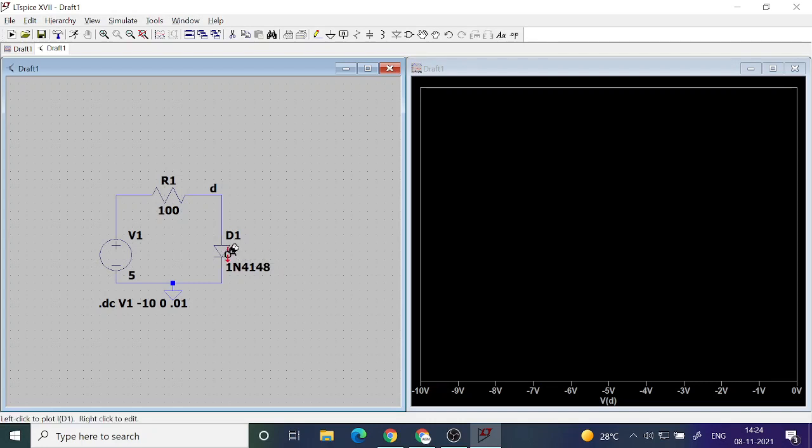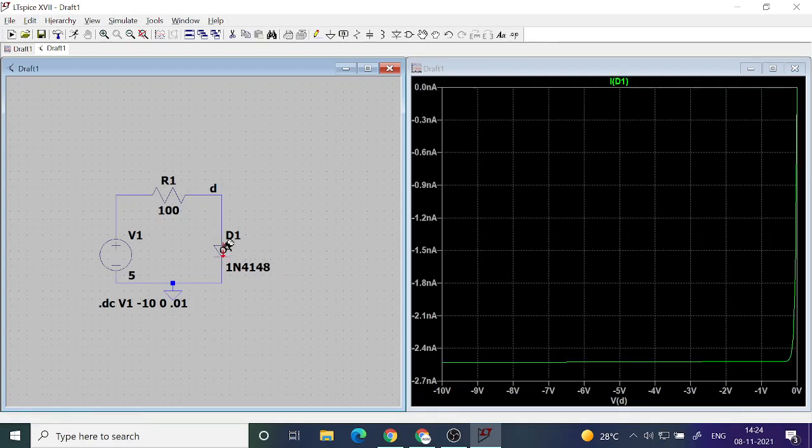Okay, now let us put the current on the y-axis. So you can see the magnitude of the current is in nanoamperes. So this is the reverse IV characteristics of a silicon diode. You have a current somewhere between 2.4 nanoampere and 2.7 nanoampere.